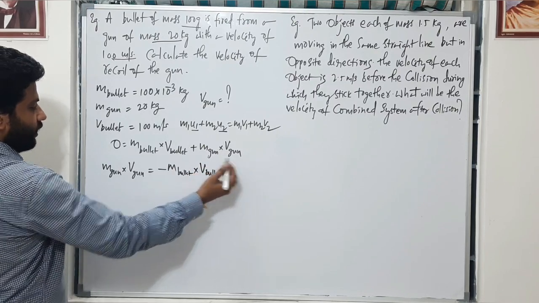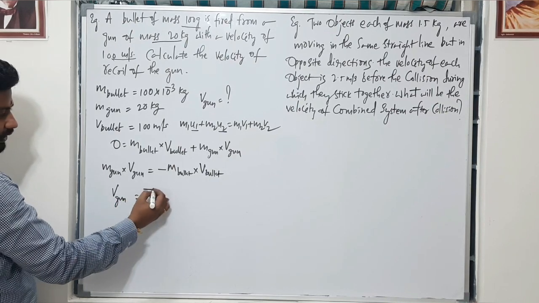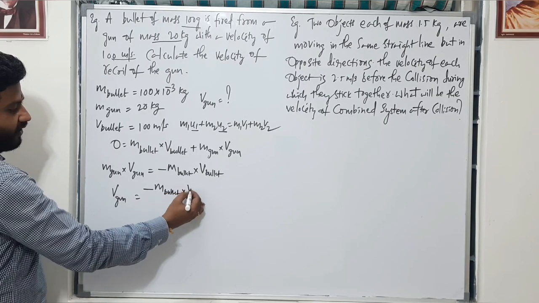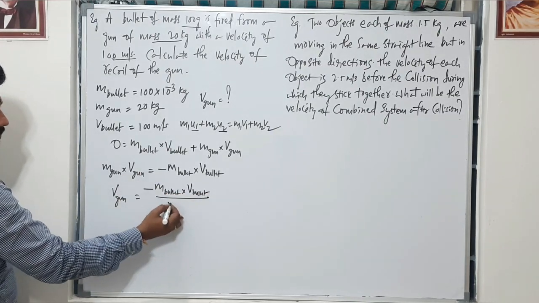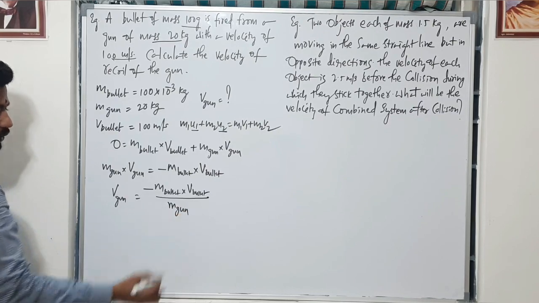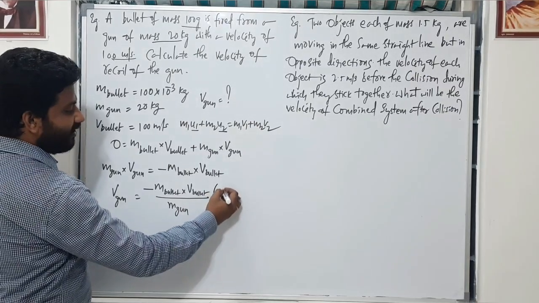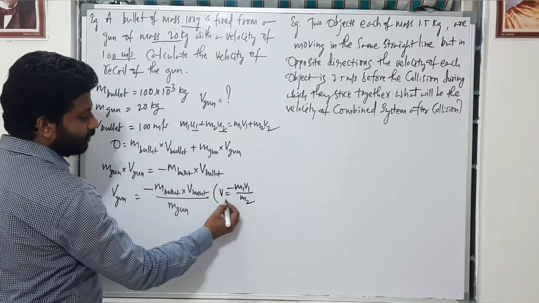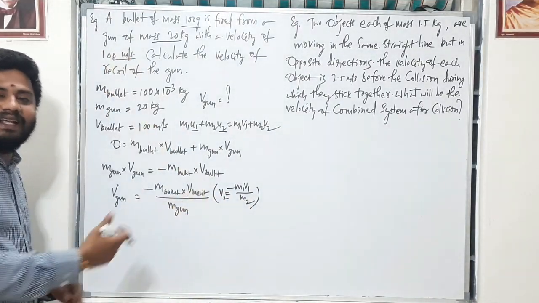So you can write now final velocity of the gun, that's the recoil velocity of the gun, minus mass of the bullet into final velocity of the bullet by mass of the gun. This is the formula we have discussed. V is equal to minus m1v1 by m2. This is v2. This is the formula we had discussed during the theory.